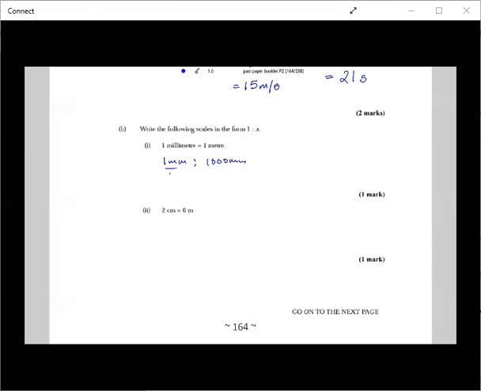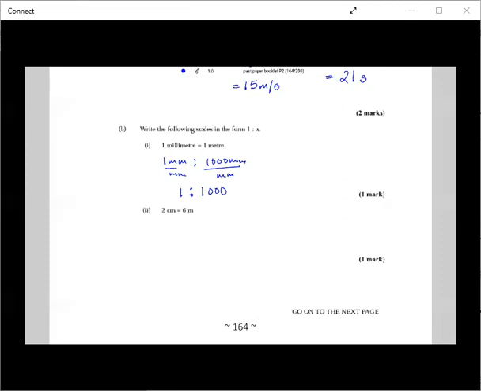Thus divide by millimeter, divide by millimeter. So this is 1 to 1,000. So a scale of 1 millimeter to 1 meter is the same as saying 1 to 1,000.